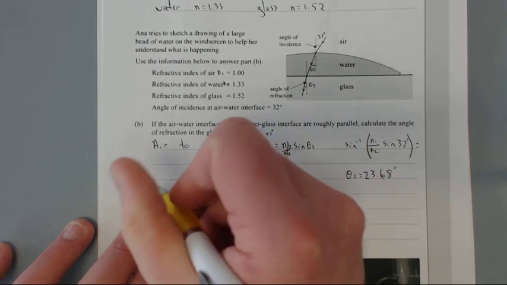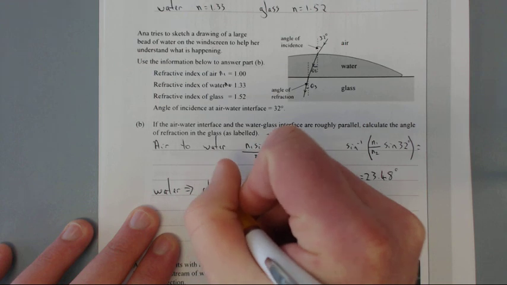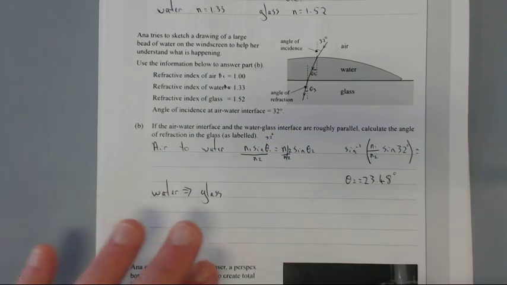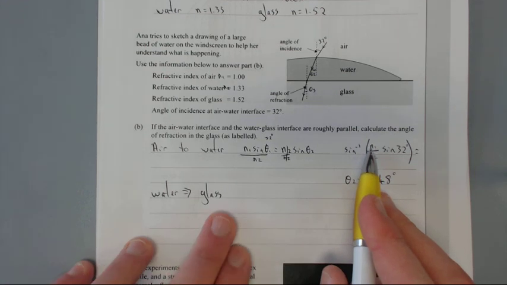Now we need to find theta 3, water to glass. Same thing again, we can just use the formula we had up here.